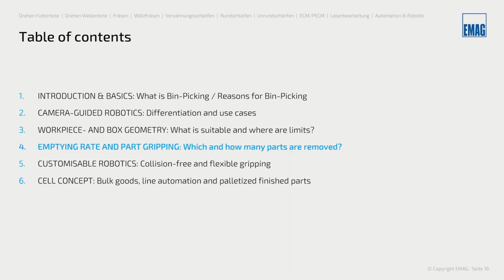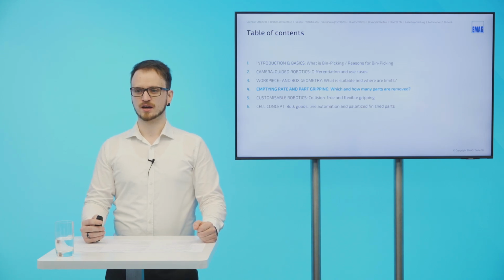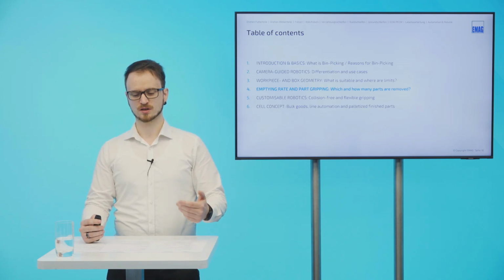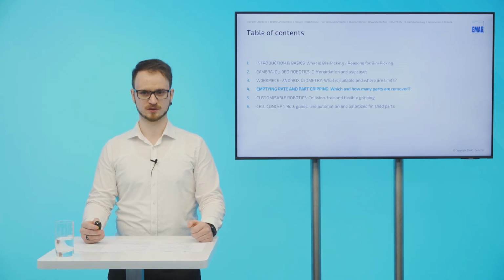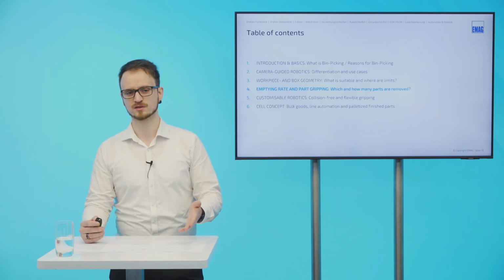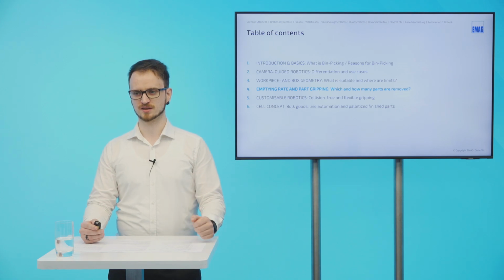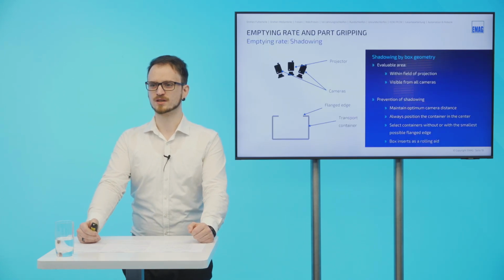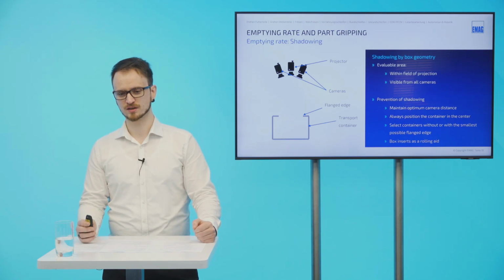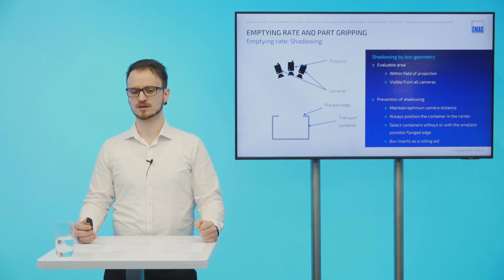So let's go to the next topic, emptying rate and part gripping. Now we want to talk about how I get the parts out that are not placed optimally, because everything placed optimally in the middle of the box or on top of it is easy to access. But if it gets difficult, there we take a closer look. Now we have a scheme of the container cut in half.